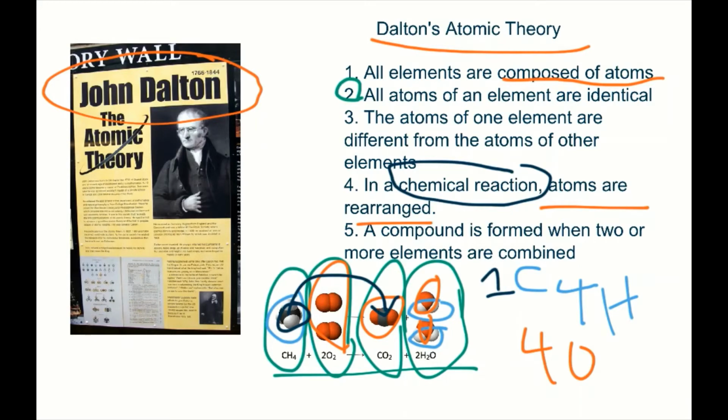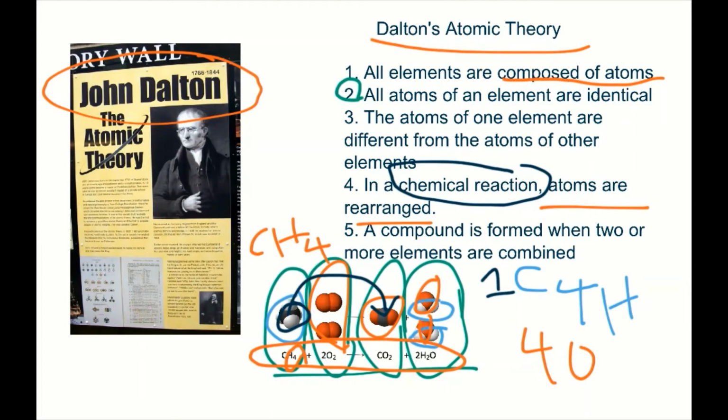I also wanted to talk about the numbers that are involved over here. So the subscripts, meaning the numbers that come after the elements, indicate how many atoms there are inside the molecule. So for example, this 4 tells us that there are 4 hydrogen atoms inside the molecule CH4.